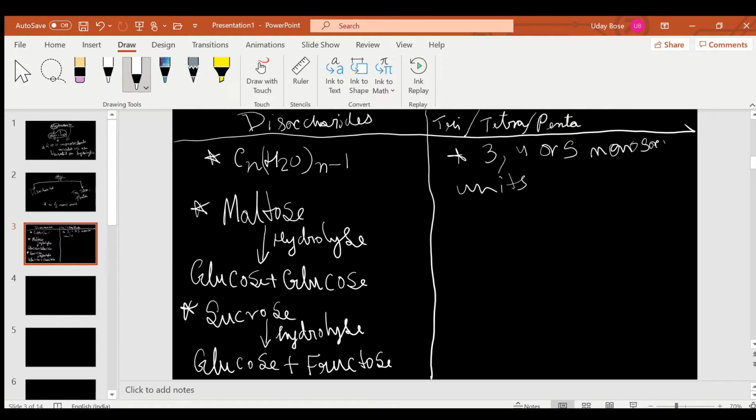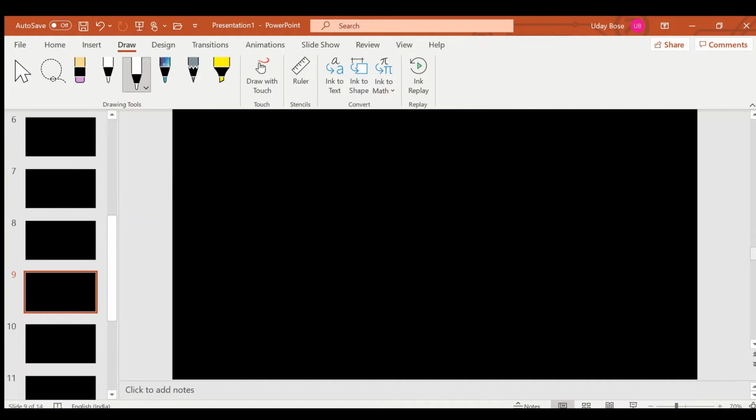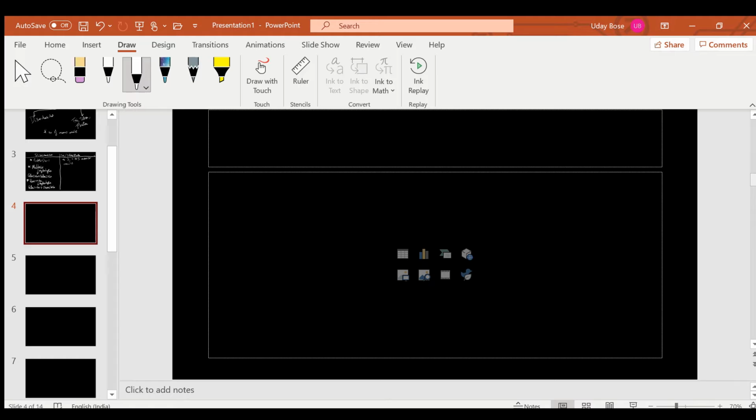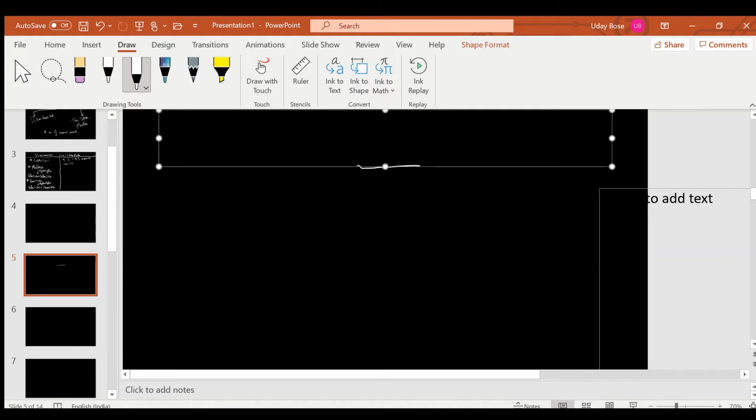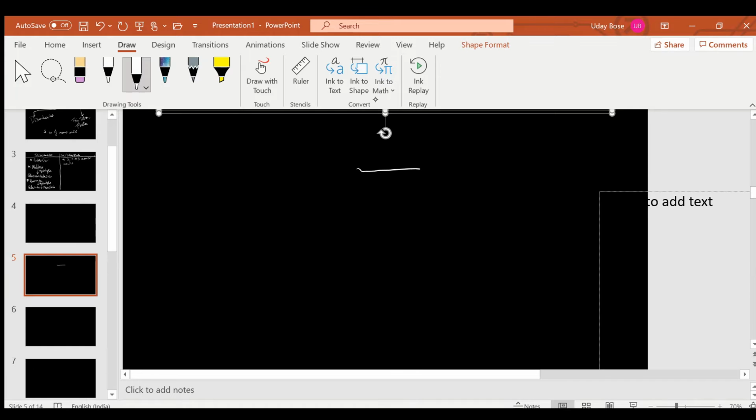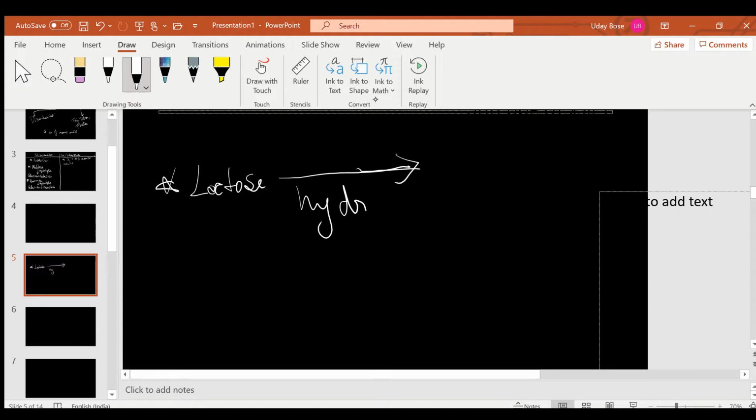Another example of a disaccharide is lactose, which is hydrolyzed into glucose and galactose.